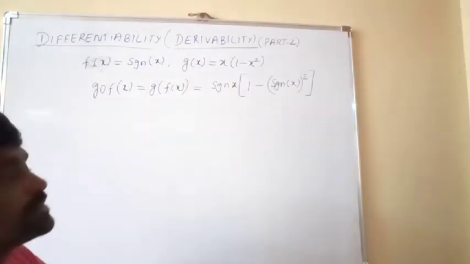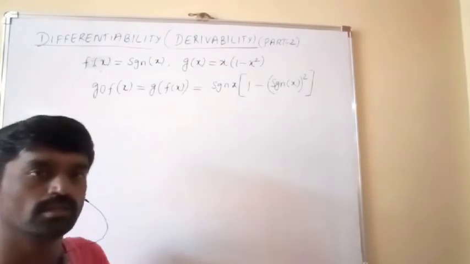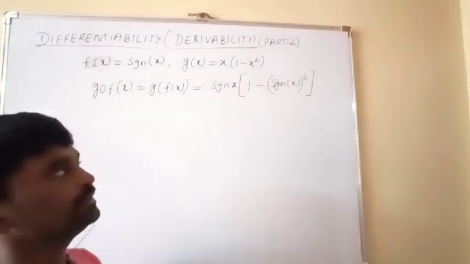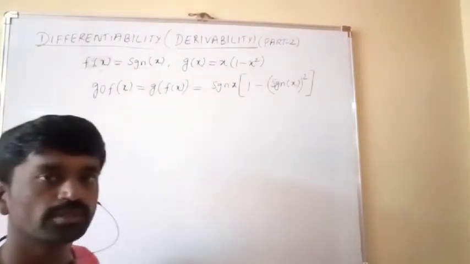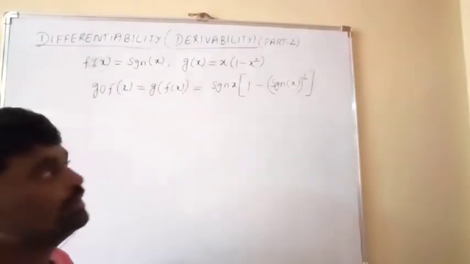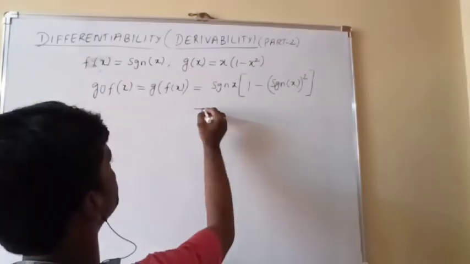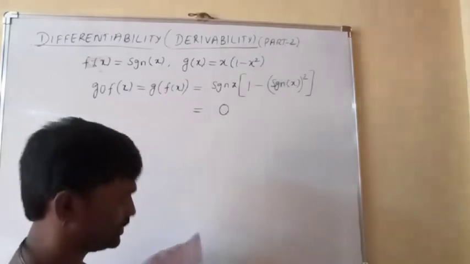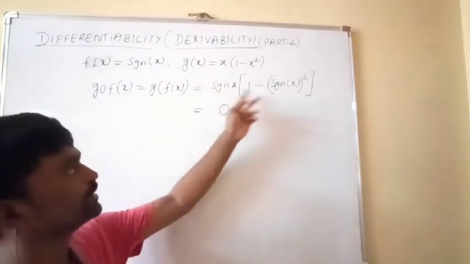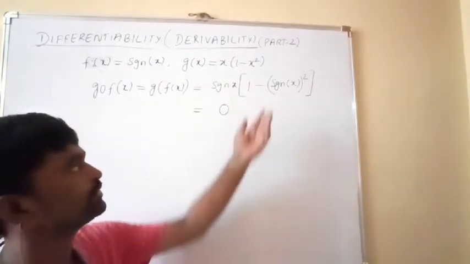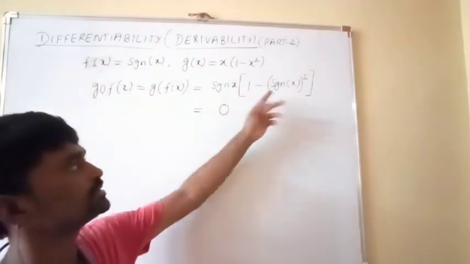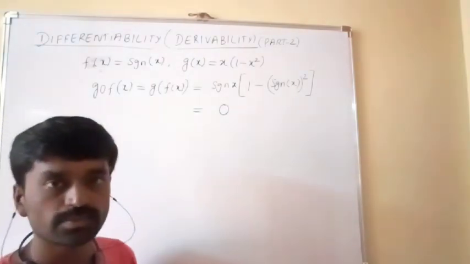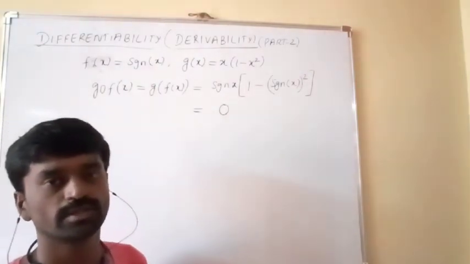For both functions, domain is R. So g circle f function domain also R only. Now if you consider the signum function definition, already we are familiar. Suppose x value is 0, signum function value, what you will get? 0. Correct? Then 0 into anything? 0. Okay? 0 into 1 minus 0? 0. Suppose you have x positive, signum function of x is 1.